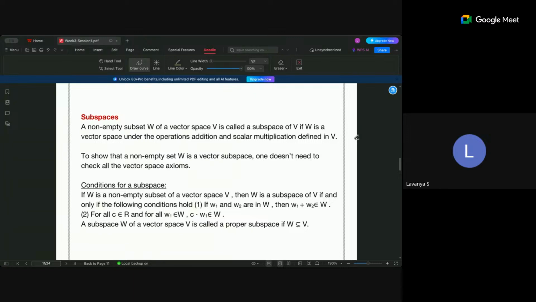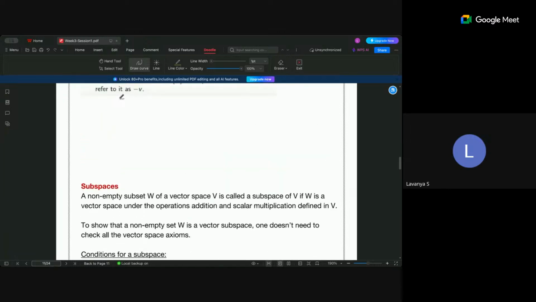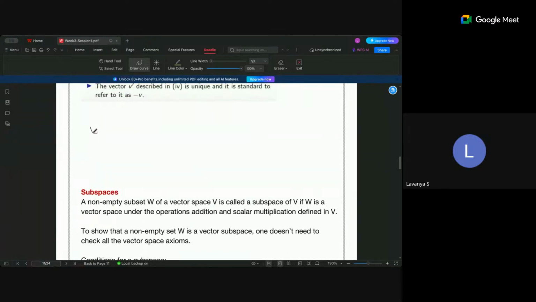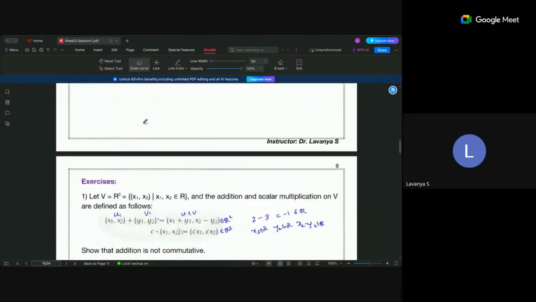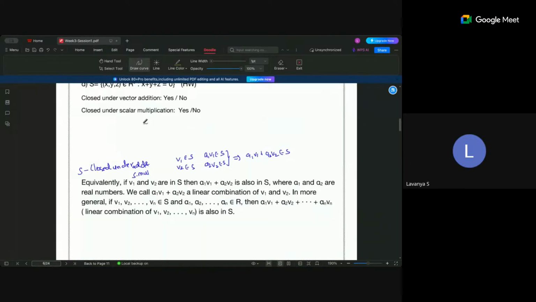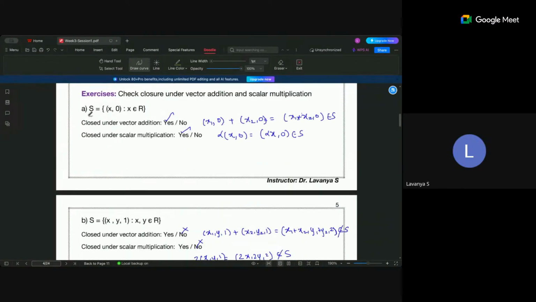Let me go slowly again. For example, I will start with a very simple example. Let us say you are in R2. I guess we saw some example in the beginning.